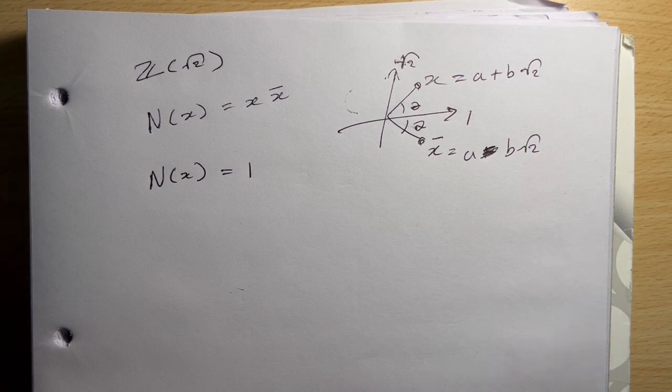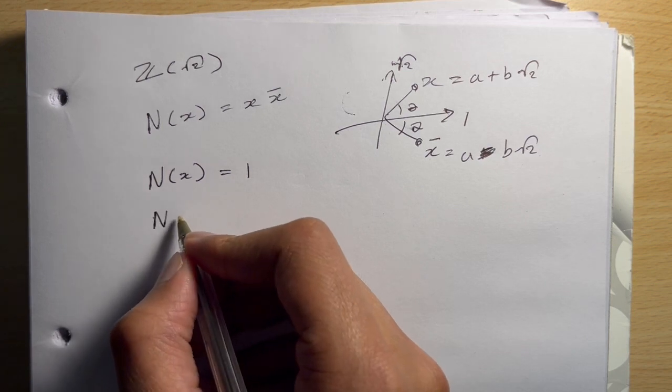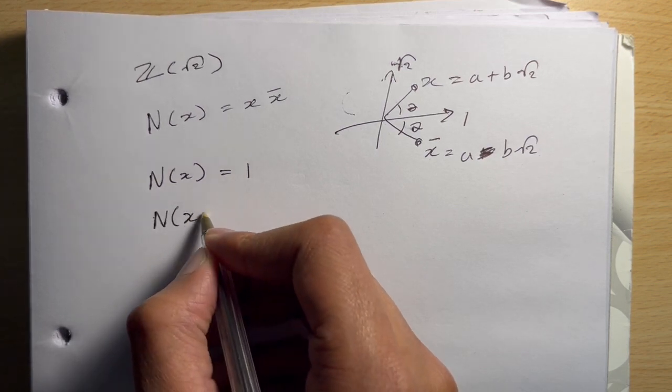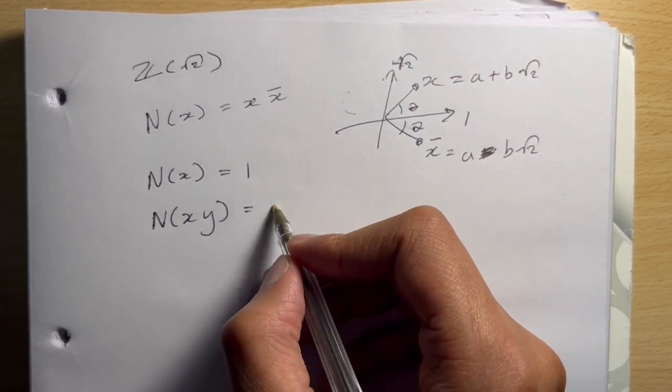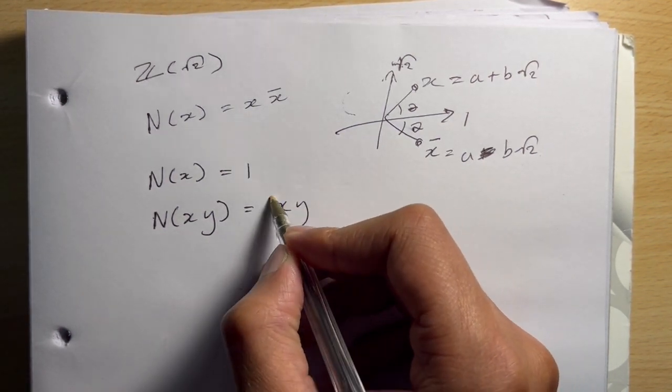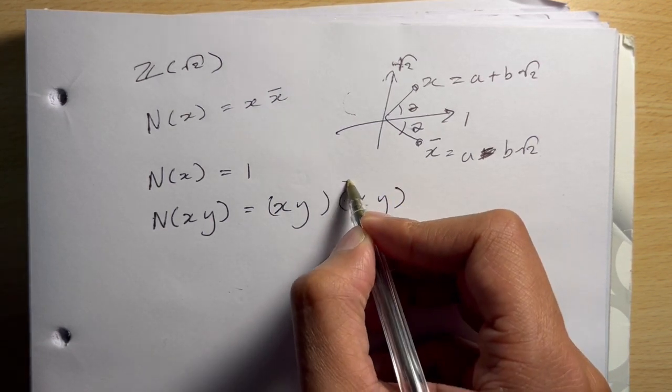How does this make the problem any better? Well, first of all, we do know some things about the norm. For example, this N(xy), we can easily write it out as xy times xy bar.